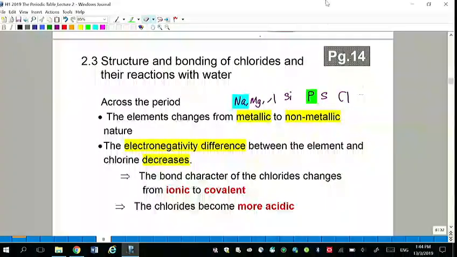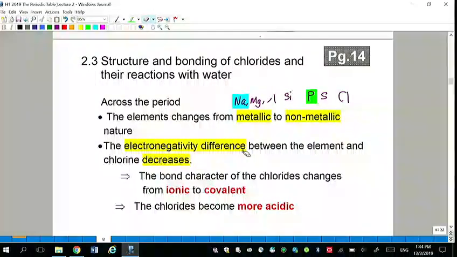How it is affected is by the difference in electronegativity between the two elements being bonded together. The bottom line is if you have a large difference in electronegativity, the predominant type of bonding will be ionic. If you have a very small difference, the predominant type of bonding will be covalent.